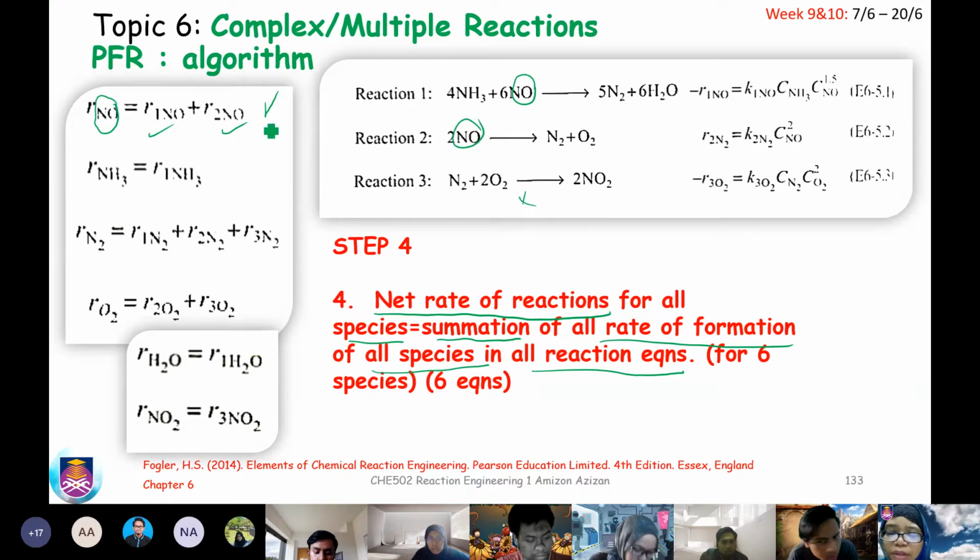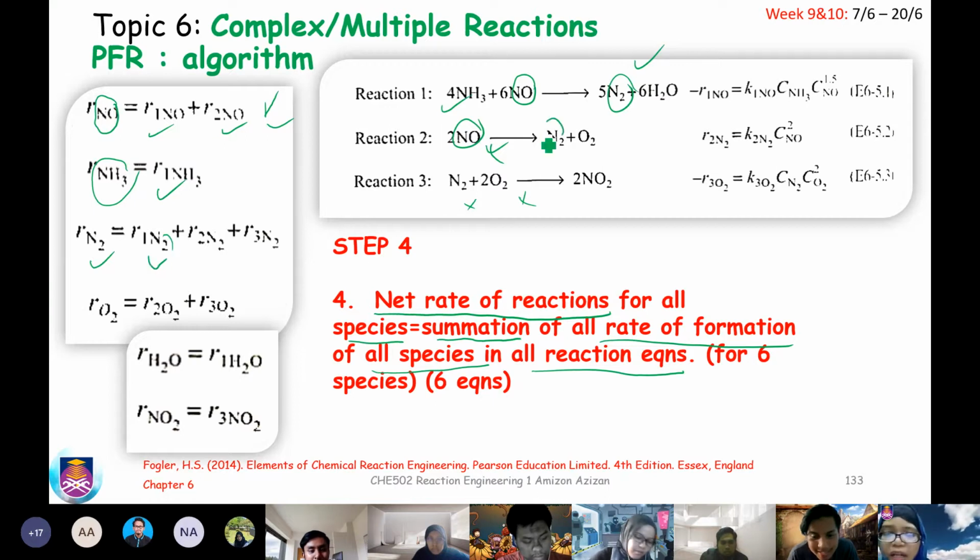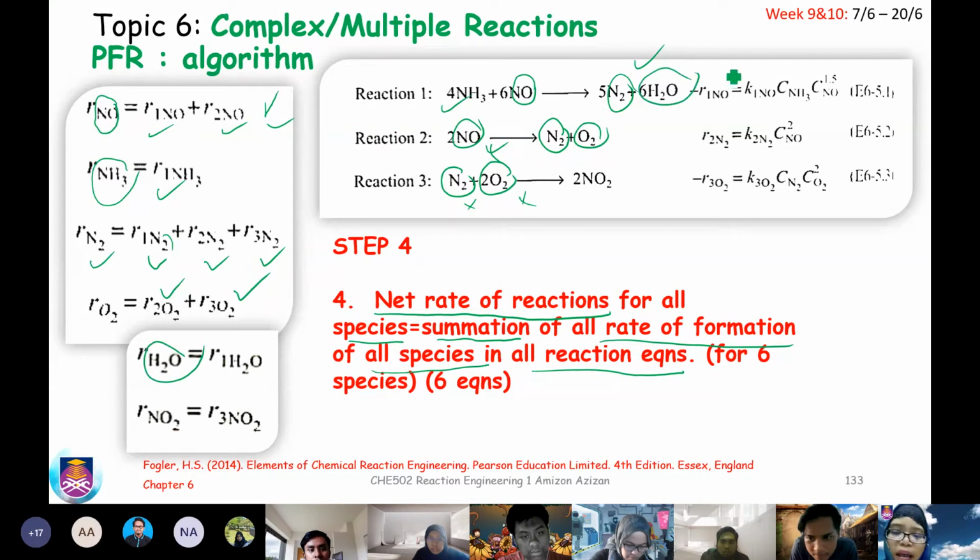Reaction number 3, no. Ammonia, 1 yes, 2 no, 3 no. Nitrogen, 1 yes, 2 yes, 3 yes. Oxygen, only the 2 and also the 3. Water, only at 1. And nitrogen dioxide only at the last reaction equation.